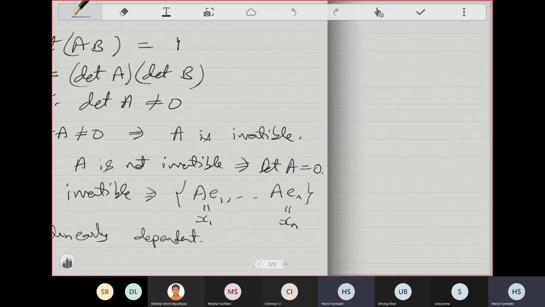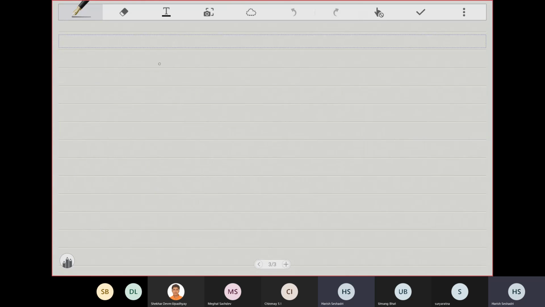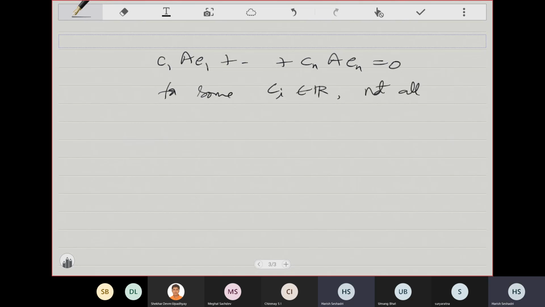So basically, I have C1 AE1 plus ... plus Cn AEN equal to 0 for some Ci in R, not all 0. So just take one which is not 0.